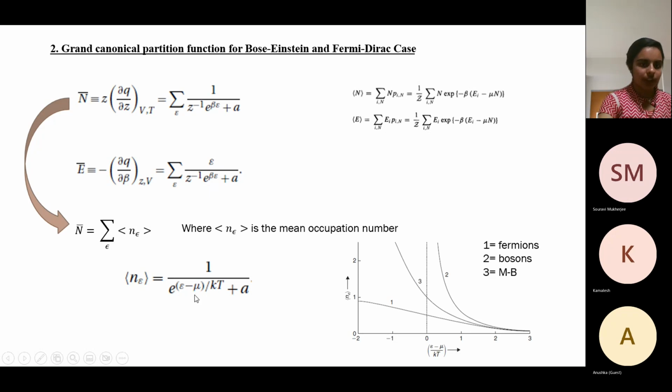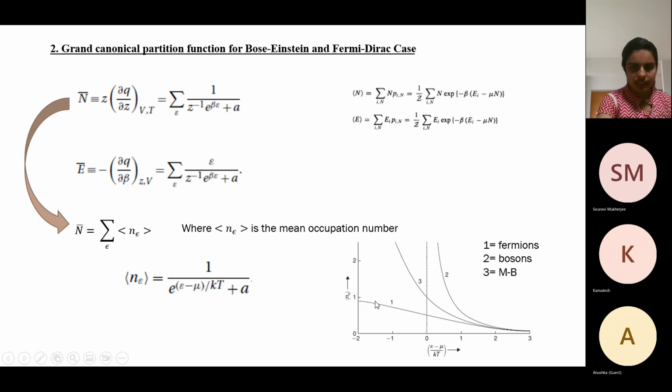So this is very important, because the occupation number tells you how the particles get distributed in the different possible energy states, right? So now if you plot for the different values of A, which signifies the different types of particles, you would get something like this.